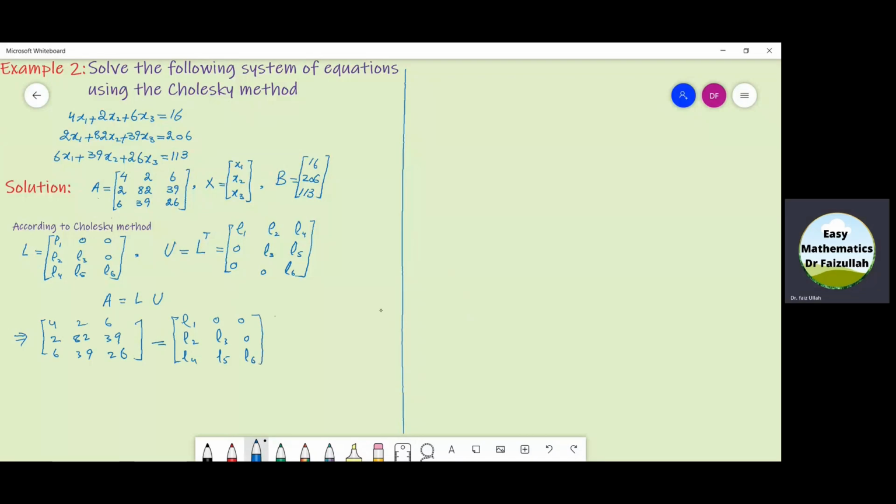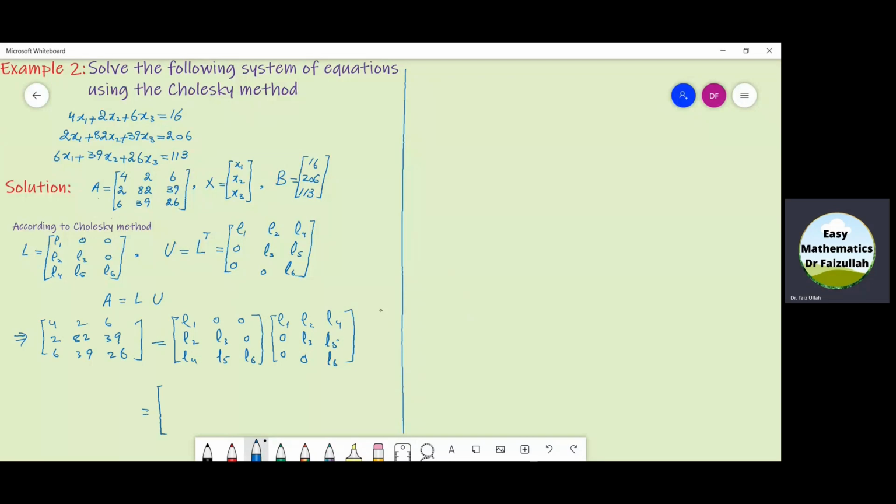And now let us write matrix U, which is the transpose of L. So we can write L1, 0, 0; L2, L3, 0; L4, L5, L6. And now in the next step, we are going to multiply L with U.